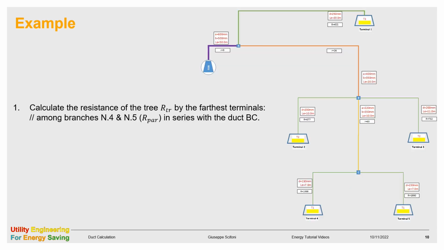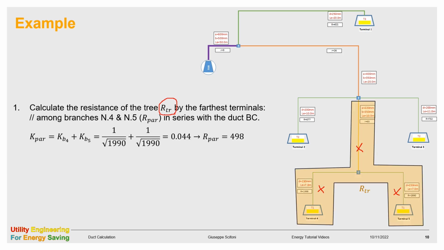And we calculate the resistance of the tree at the farthest terminals, that is the parallel among the branch N4 and N5 in series with the duct BC. The parallel we achieve by adding the corresponding conductance, 0.044, and transforming the conductance into resistance by making the inverse of the square root, we get this number.